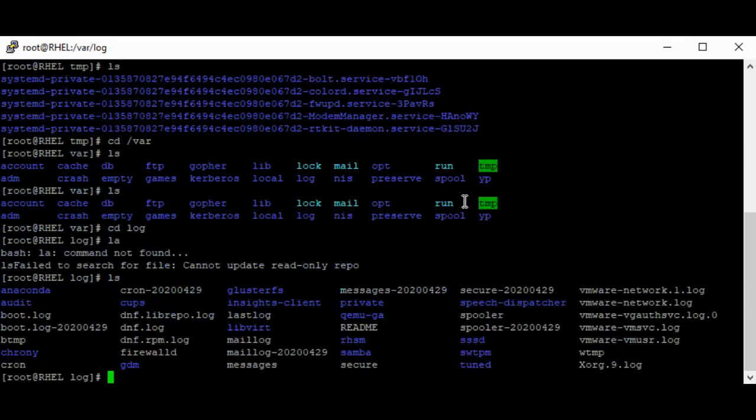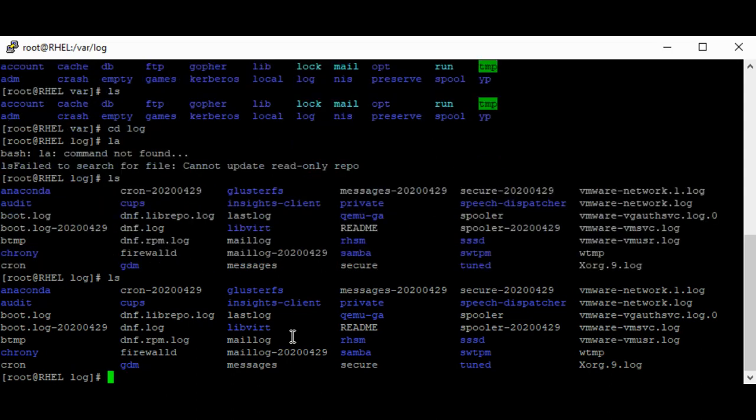Sorry. So these are the log files in the var directory. So files can be written in this directory as opposed to the usr directory where you cannot write files.